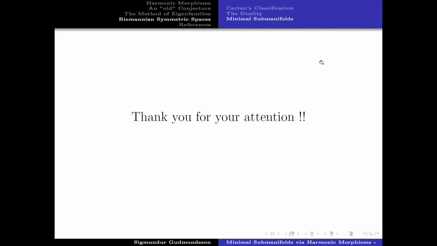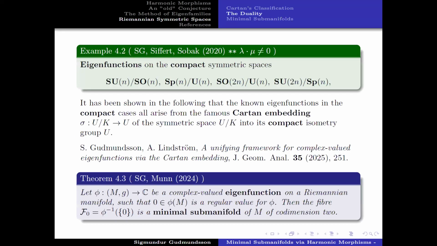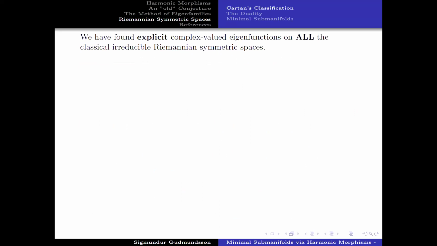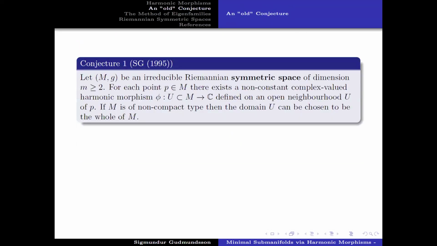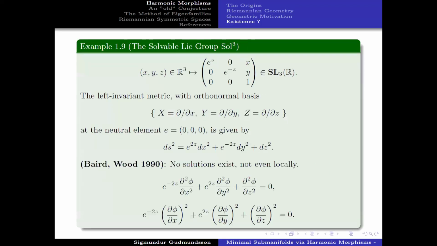Hi, this is Michael Eastwood here. I have a question about much earlier in the talk. You were talking about examples on nil, and you said it was because the Ricci curvature had just 2 eigenvalues.